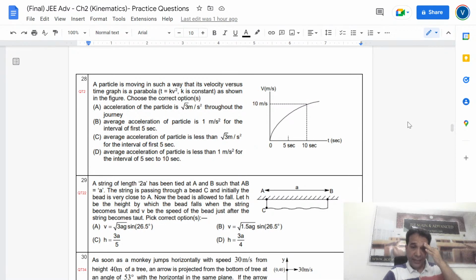So t is given to be kv square, v is the velocity. So will the acceleration of the particle be constant, root 3 meter per second square? Will this be correct? No, sir. No. Okay.